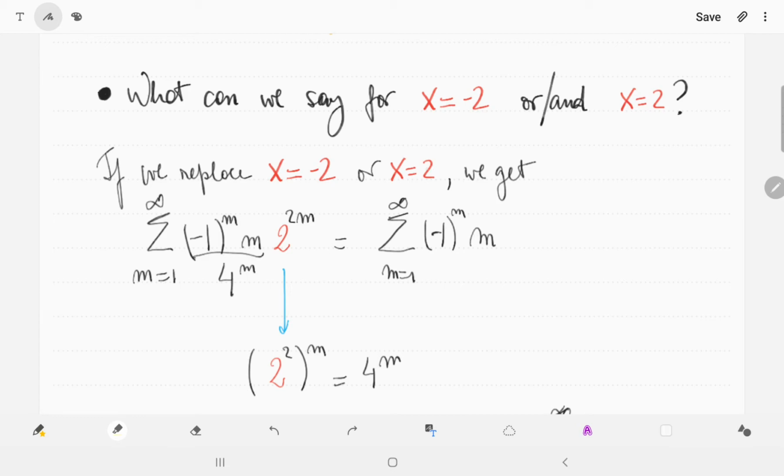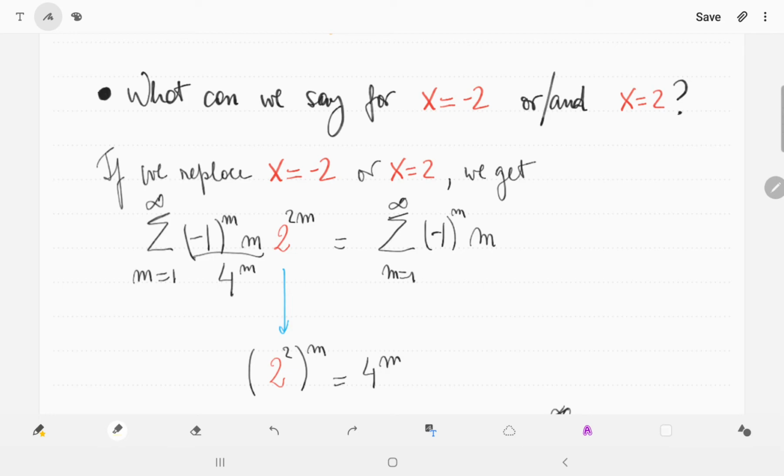So, for instance, let's choose one. Let's replace the series at x equal to 2. Here we have the series with 2 instead of x, and now 2 to the power 2m is exactly 4 to the m. So finally, what we get is this other series. And what happens with this series?